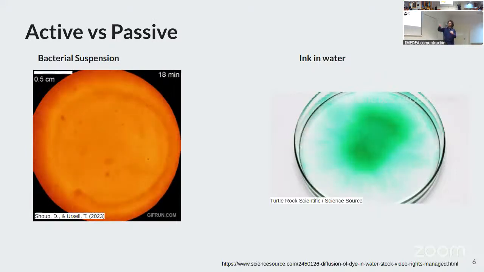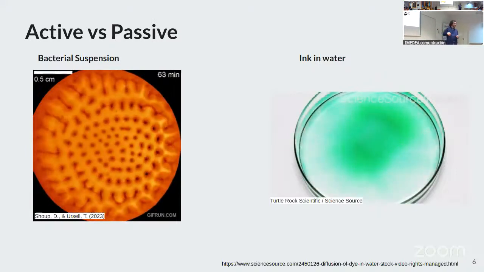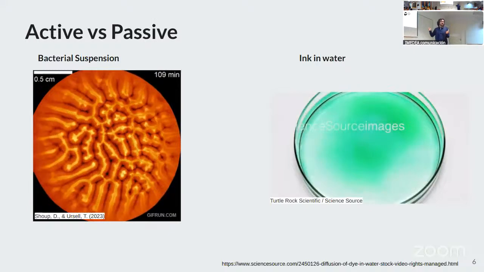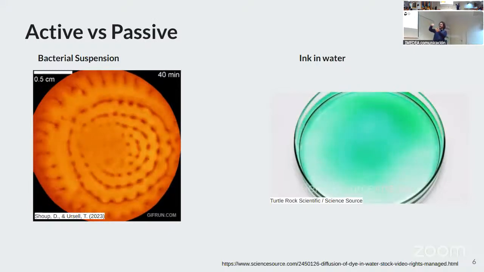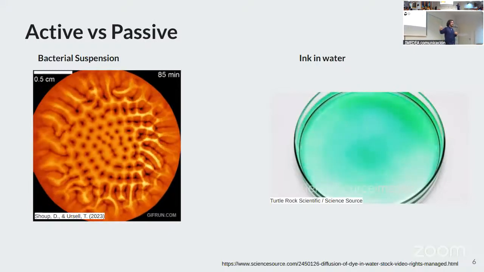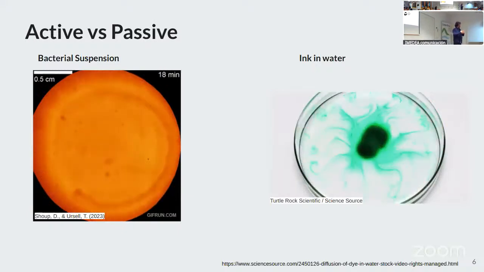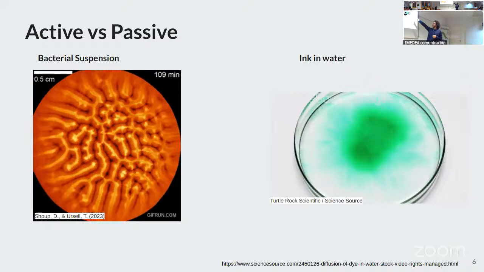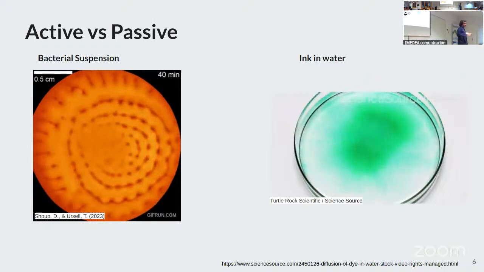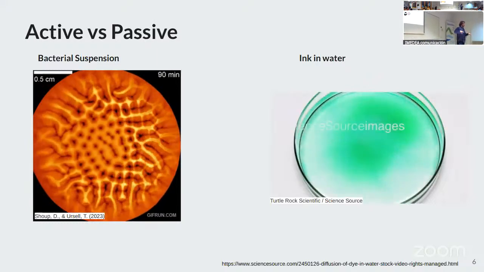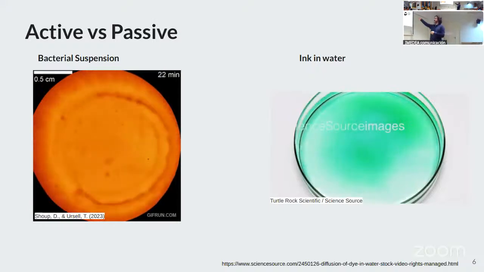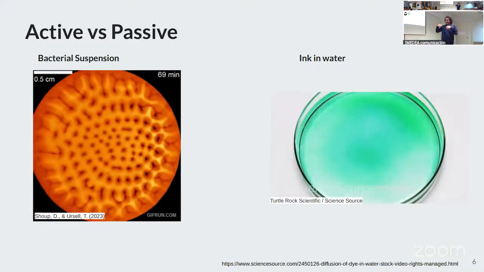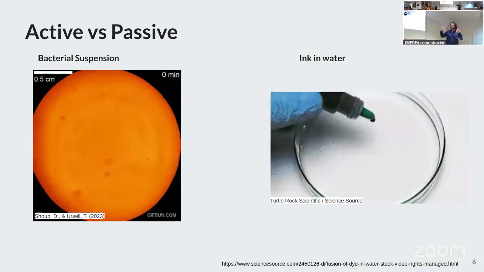We have a petri dish with water in it, and we add a drop of a given ink. At the beginning the drop is there, but as time passes, it starts to diffuse. And in the end, the final state is that the concentration of the ink is homogeneous in the whole container.